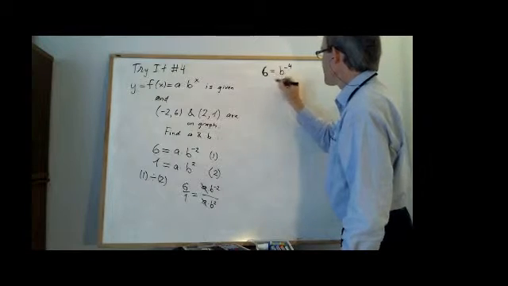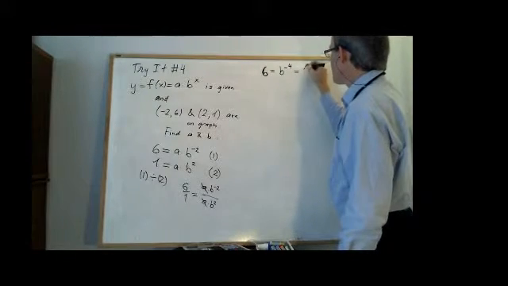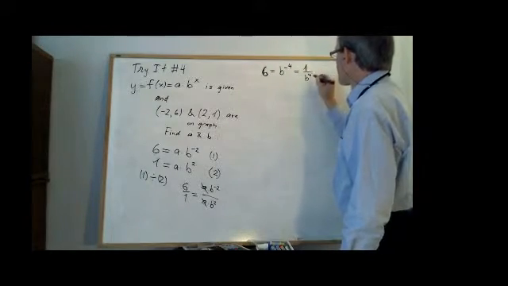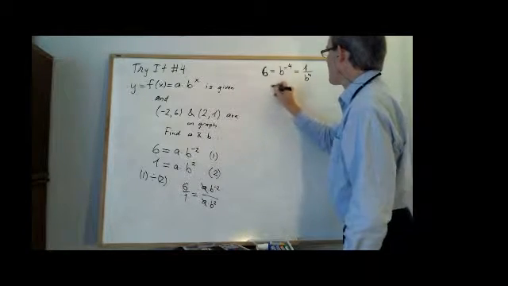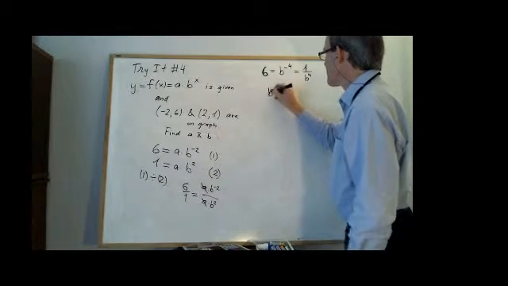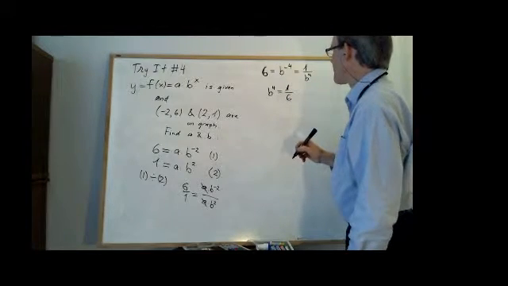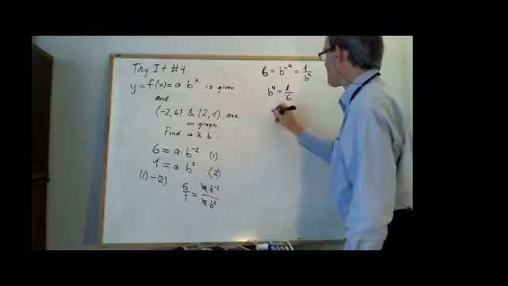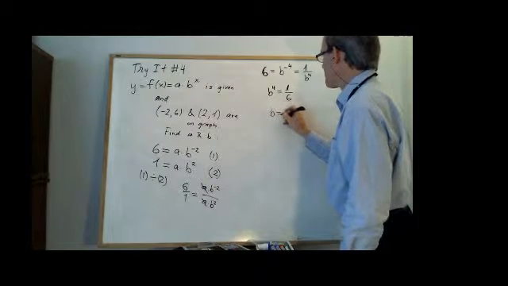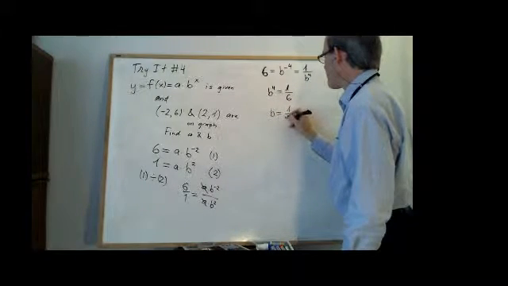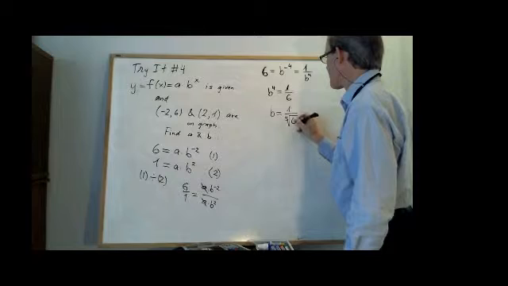Then I solve for b. This is 1 over b to the 4th, so I can take the reciprocal of both sides and put the b to the 4th over here. The b to the 4th is 1 over 6, and I can take the 4th root of both sides. So I get b is 1 over the 4th root of 6.